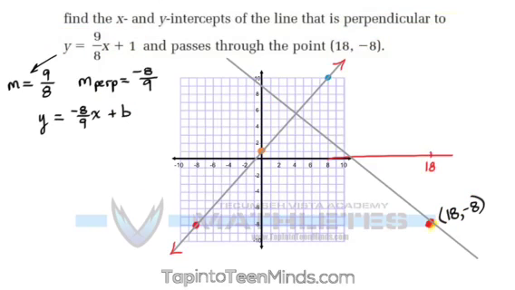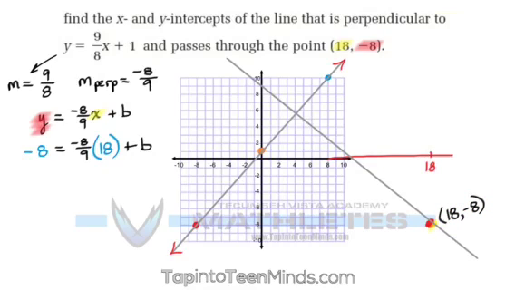So now that we've got a foundation to work with here, we've got y equals negative 8 over 9x plus b, we can then use our knowledge that this line goes through the point (18, -8), and substitute 18 in for x, and then follow through by substituting in negative 8 for y, since we do know that that point is in fact on the same line.